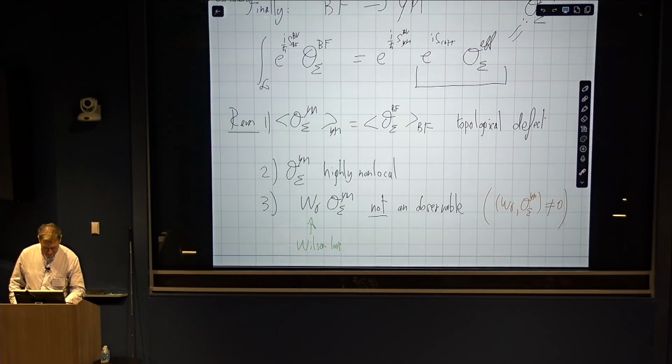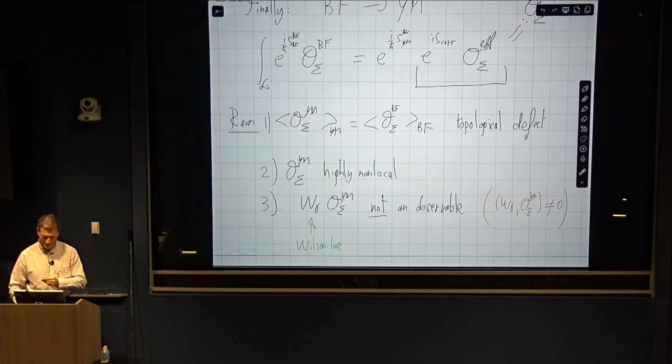So this may happen, and actually it happens here because the non-local term of these observables contains the momentum for the connection A, which appears in the Wilson loop. So even if gamma does not intersect sigma, there will be some terms here that see the connection here. So this product is not an observable, which means that you cannot measure them at the same time.